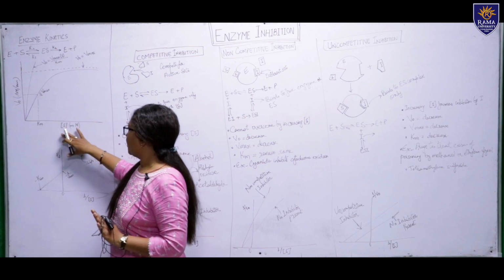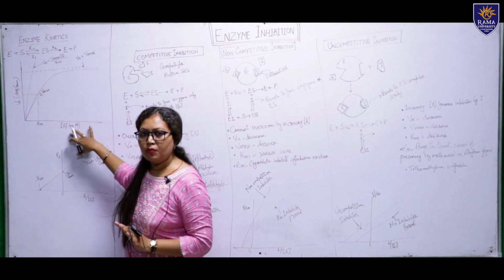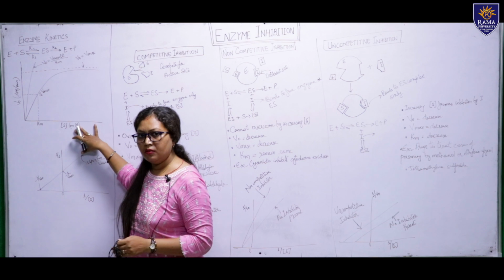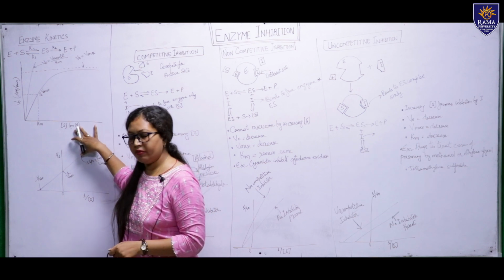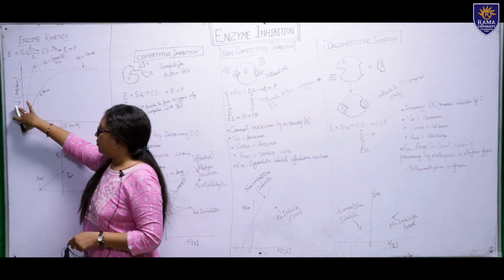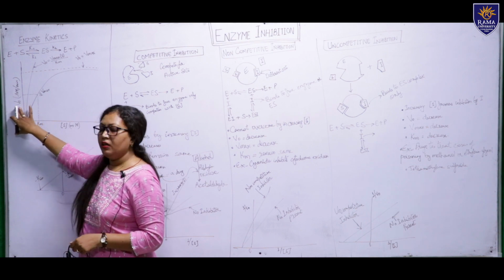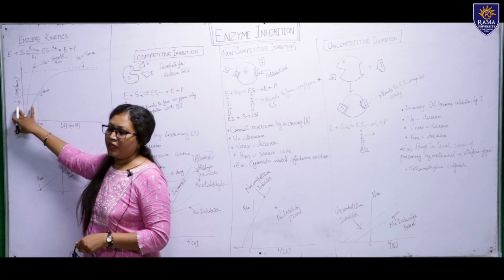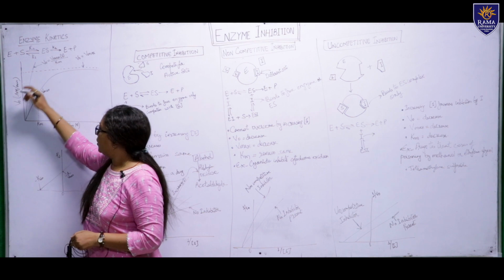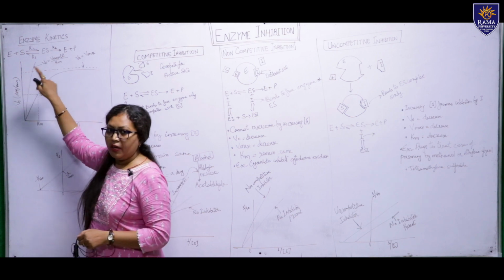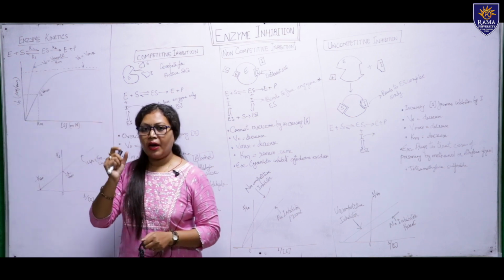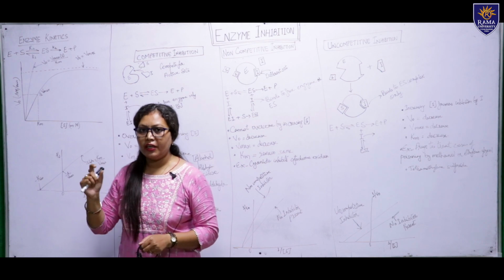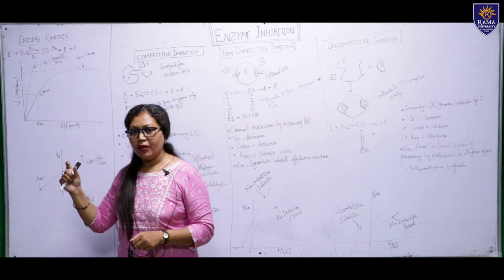The substrate concentration will be measured in millimolar, and V naught represents the initial velocity of the reaction. We can measure it in micromole per minute. It means how many micromoles of substrate are getting converted into product per minute.